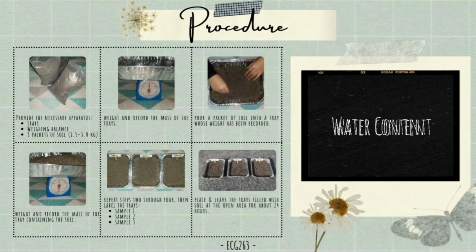The fourth step is to weigh and record the mass of the tray containing the soil. The fifth step is to repeat steps 2 to 4, then label the trays as sample 1, sample 2, and sample 3. Then place and leave the trays filled with soil in the open area for about 24 hours.